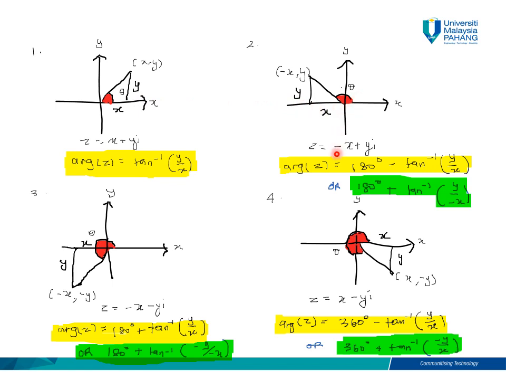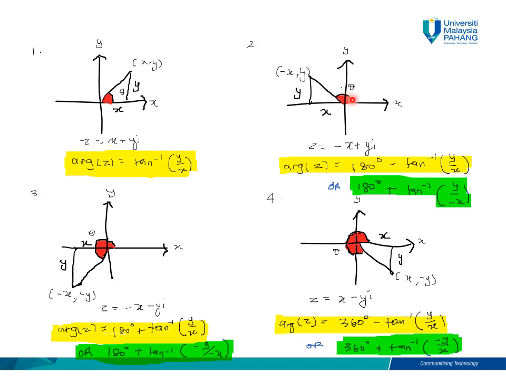If your z equals negative x plus yi, it means the value of x is negative, but the value of y is positive. So this should be the point, and this is the line for z. We need to find the arc z. The red one is the area for the arc z.